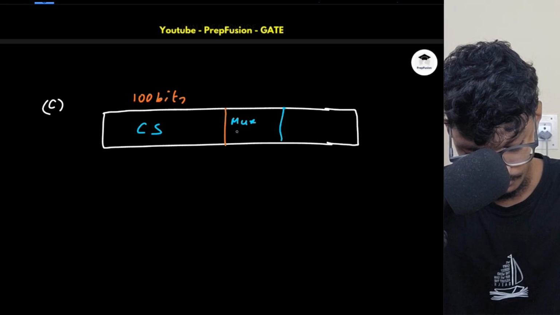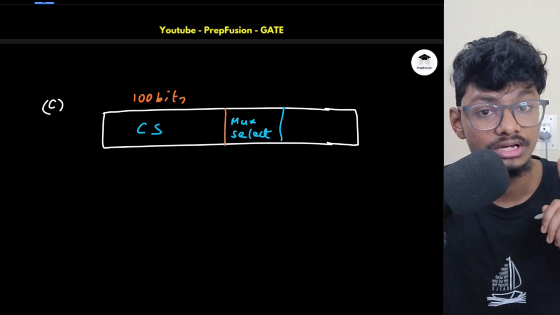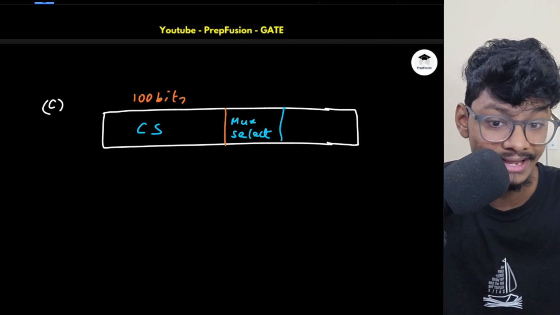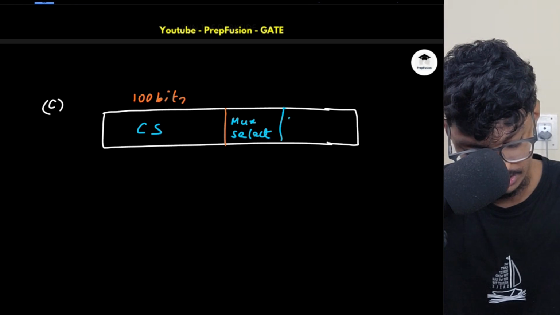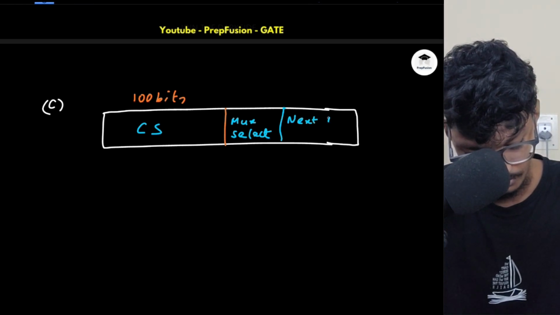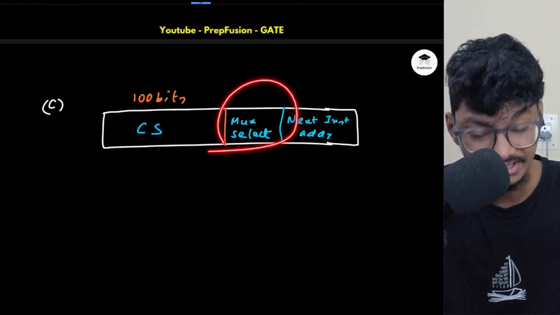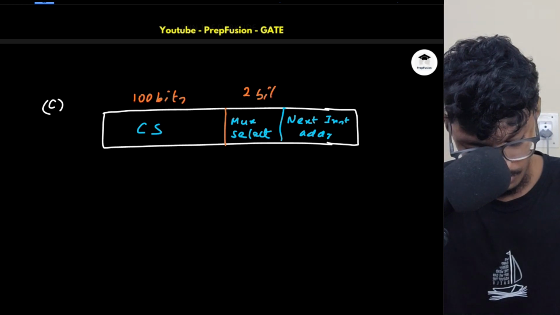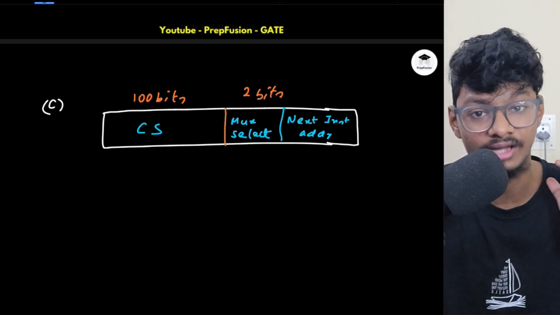And don't forget, I have explained control word sequencing as well. So this control word will contain the information about the next instruction address as well. For mux select lines, how many bits do I need to provide? 2 bits. For the next address, how many bits do I need? It is an address, and the address has 10 bits.